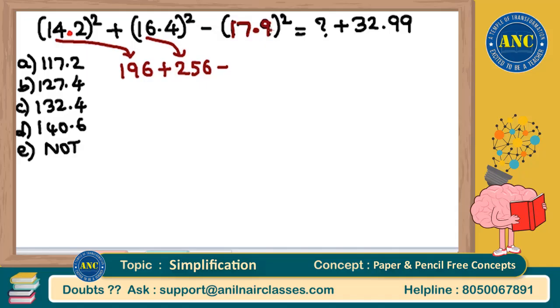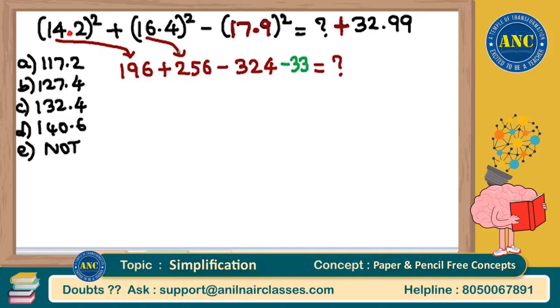Let us see how beautifully it will help out or it will not. If I take it as 18 square, which is 324, minus, is equal to question mark plus 32.99, which is very close to 33. That plus 33 I will shift to the left hand side, and it becomes minus 33, right? It becomes minus 33.